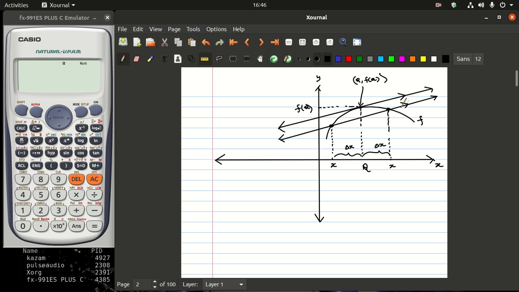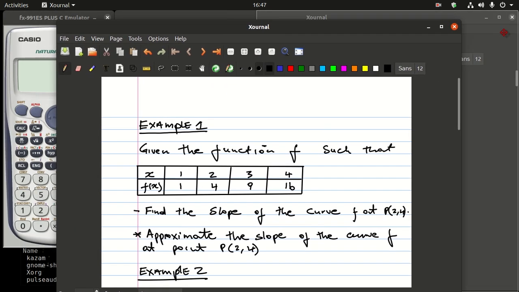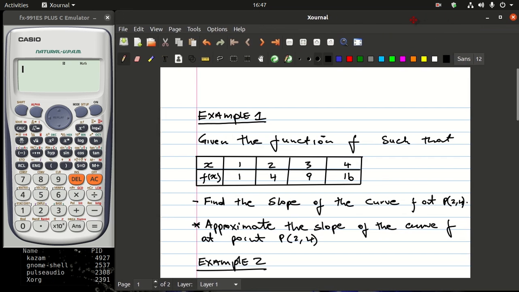Now, let us take an example and see how this would actually work. Suppose I have this example here.